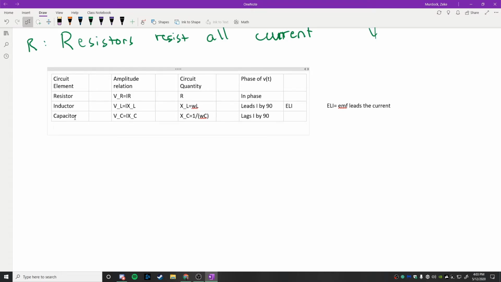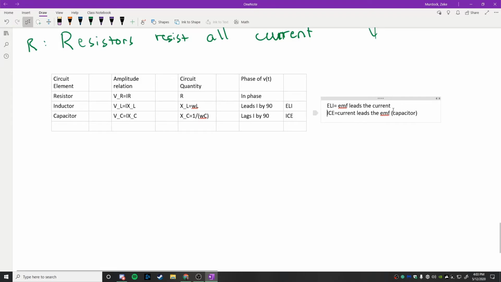And our way to remember this one is ICE, which stands for the current leads the EMF. This is for a capacitor. That's what the C stands for. And this is for the inductor.